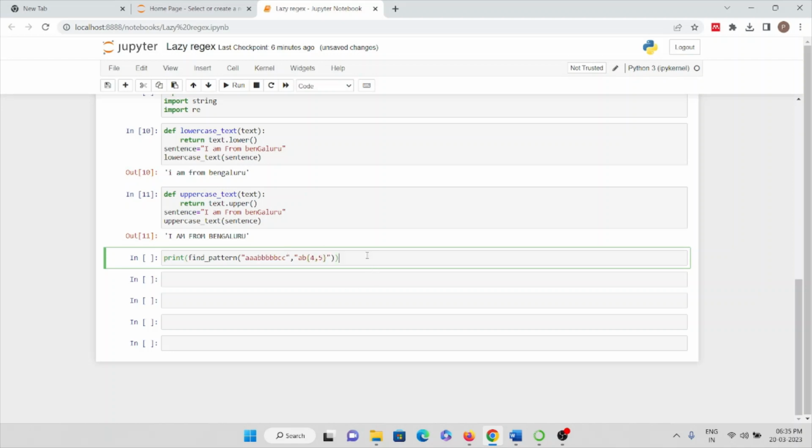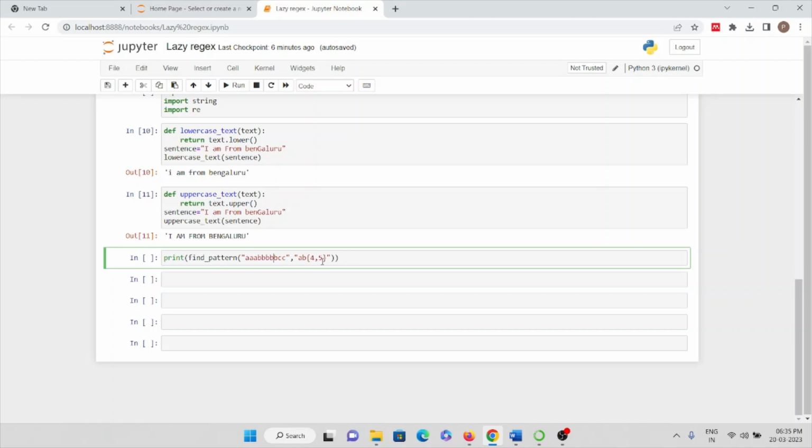In our previous videos you might have seen that if I give the input as AAA 5B 2C, and some pattern like AB or AC with 4, 5, the output is A followed by B 5 times.